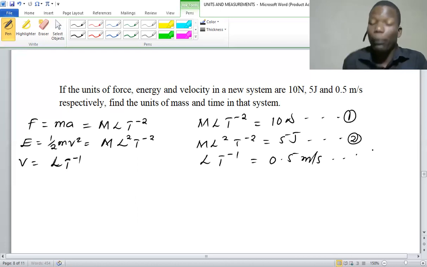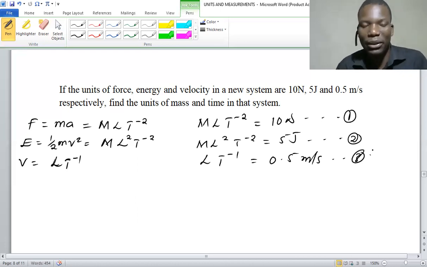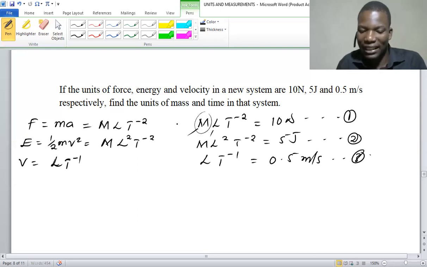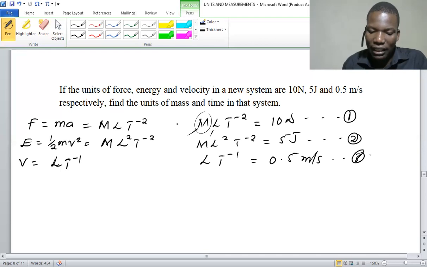And this be our equation 3. So we begin just to play with these equations because we know that this is mass, this is length, and this is time. So once we get the units of mass, the units of length, that will be the new units actually.